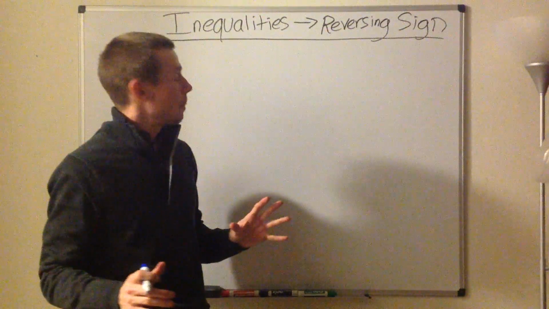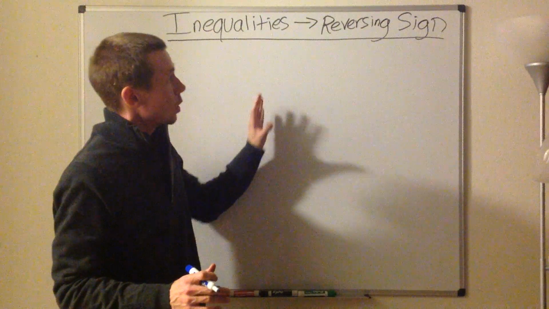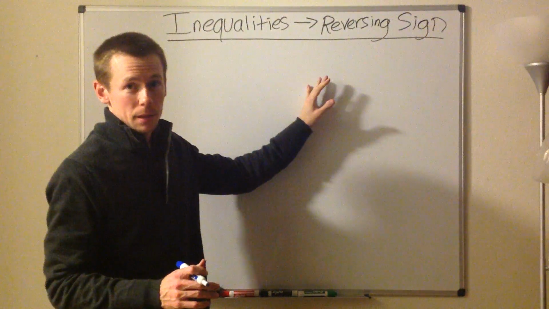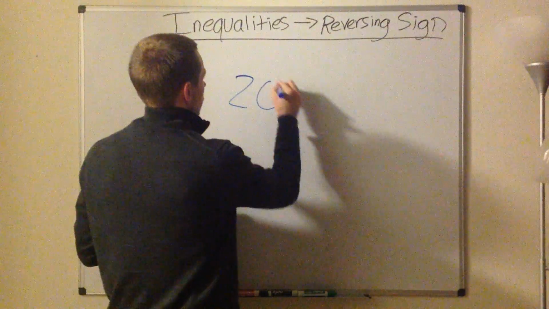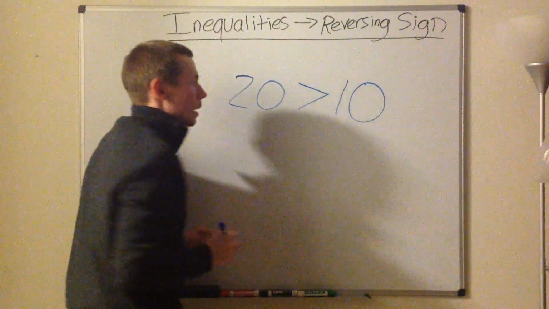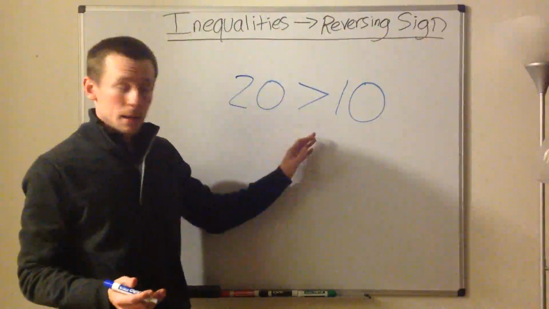Okay, and now let's look at when we might need to reverse the sign. Okay? So let me give you two examples of numbers. Is 20 greater than 10? Yes. So we have a true statement on the board right now.